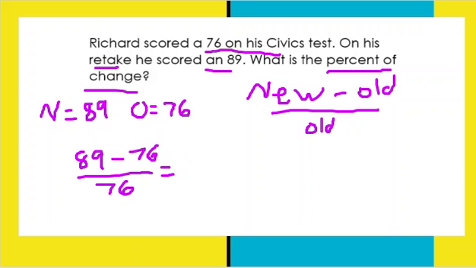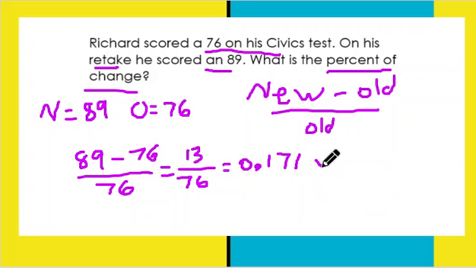89 minus 76 is 13 over 76. So now we did new minus old. Now we must divide by old. So 13 divided by 76 gives me 0.171. Well, this is a decimal. I want a percent.